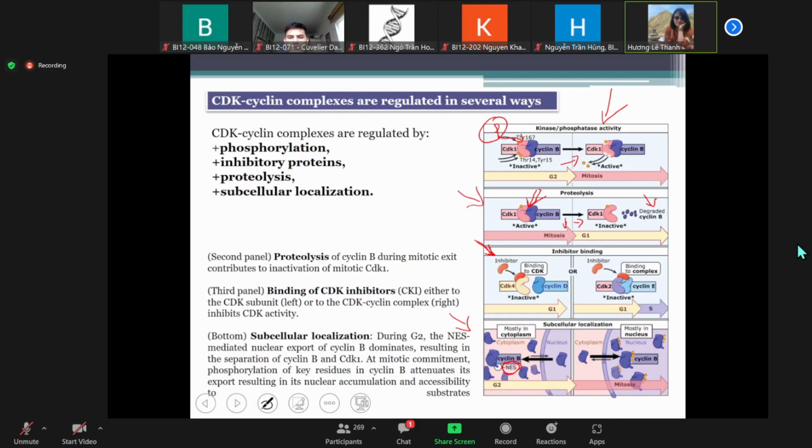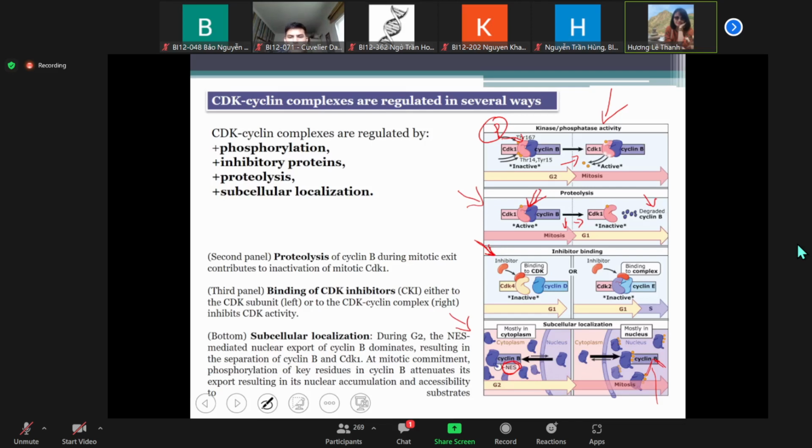Phosphorylation is the key residue in the cyclin B, and they stay in the nucleus, and there is no combination between the cyclins and the CDK, so they can prevent the activity of this complex.